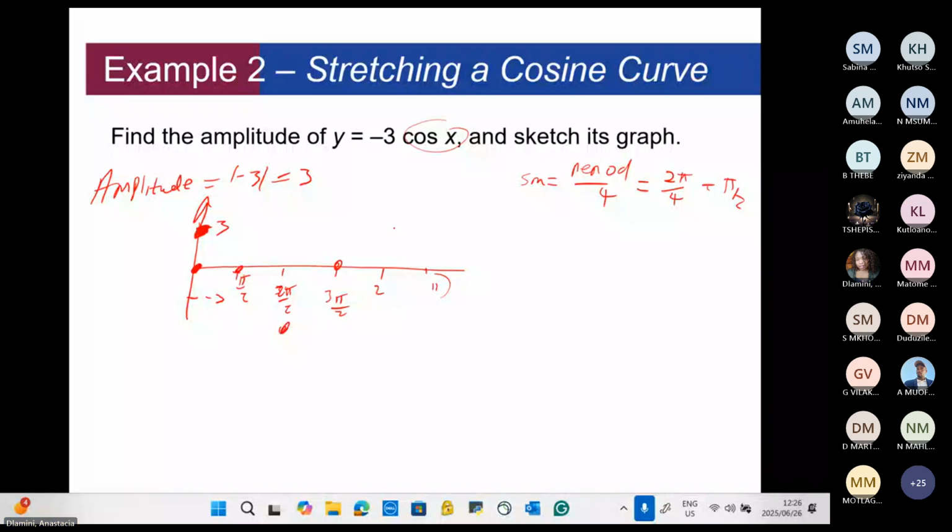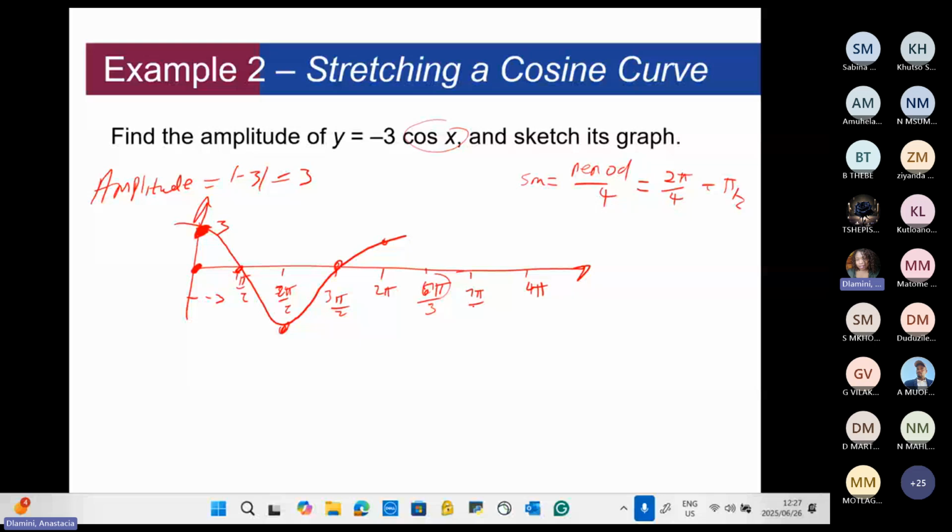It's like this. Do you see that? So here again I have 2 pi. So I want to go this side and add, as we added here.